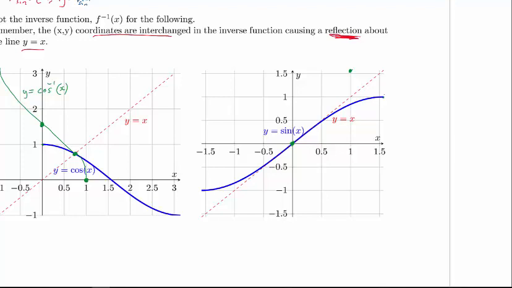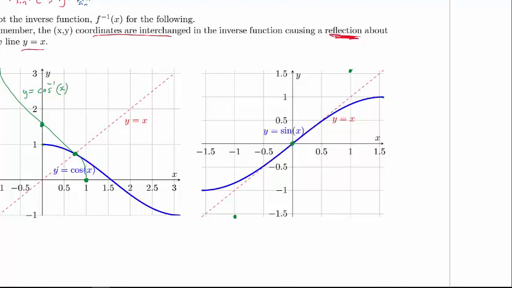Notice how that is being reflected about the line y equals x. And then this one at negative pi over 2 and -1 will become -1 and negative pi over 2 right here. And again, note the reflection about the line y equals x.